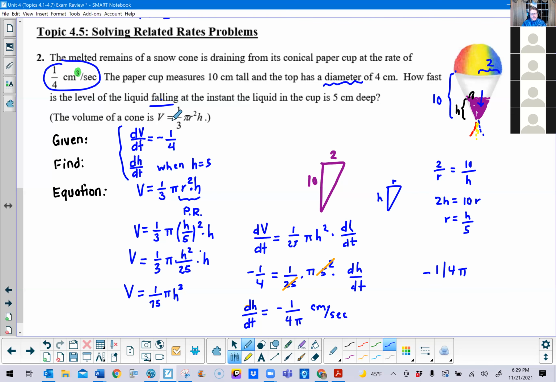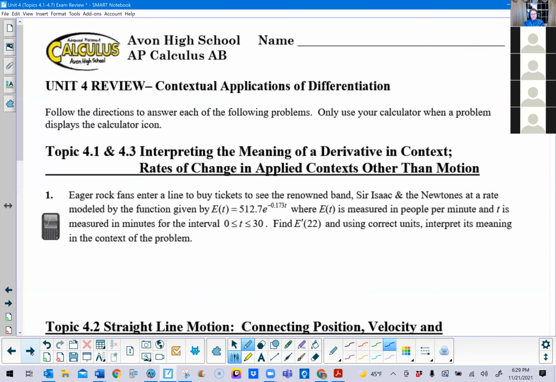That's all I had for the beginning part of this in terms of the common errors, but there is one more common error that already is tied to the very first problem in the Unit 4 review packet that I think you all hopefully have in your possession that we gave in class.